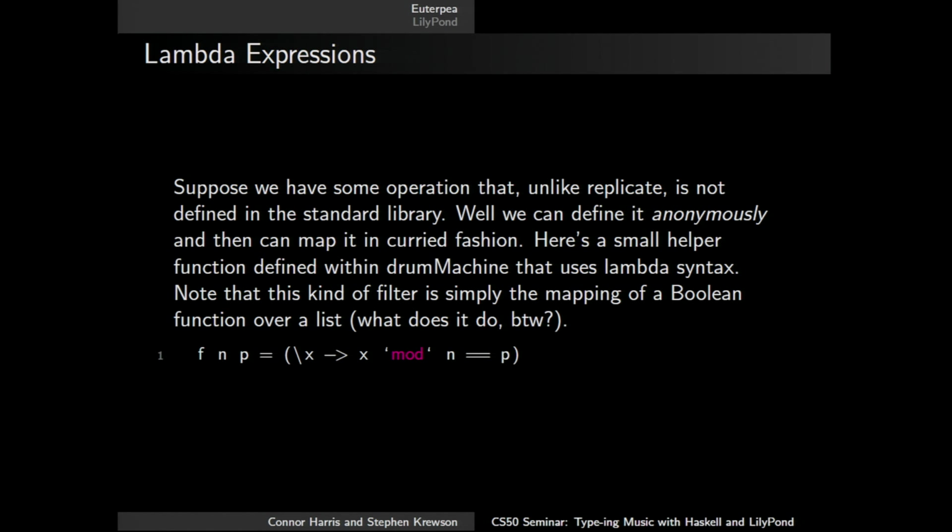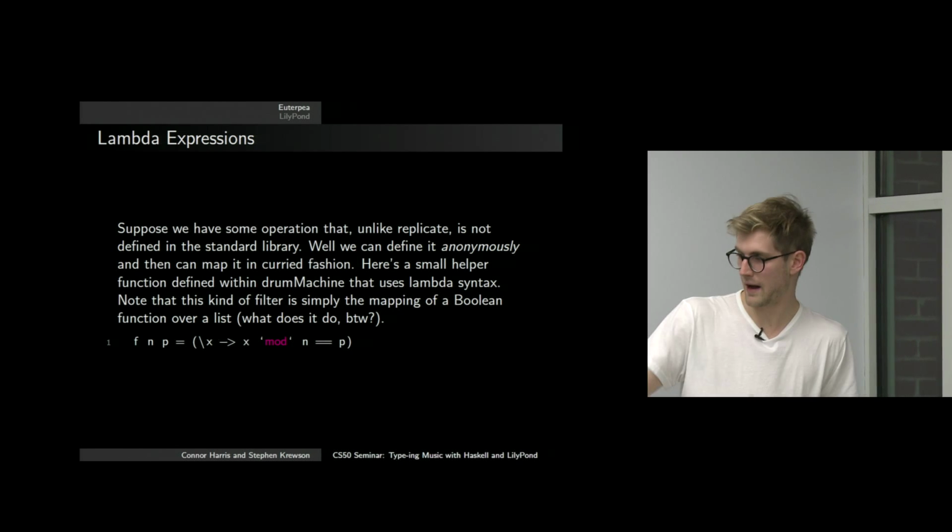One thing you'll see a lot of in the drum machine is we're making calls to something called filter, which, like before, is a mapping of a function over a list. But it's a mapping of a Boolean function. So we have here an example of an anonymously defined Boolean function that just takes a couple values. This is not, strictly speaking, an anonymous function, but it's defined with that syntax for brevity.